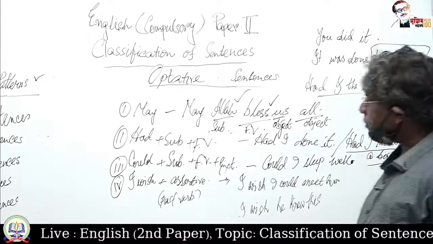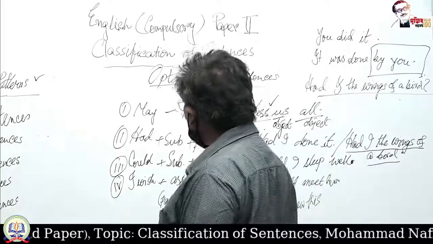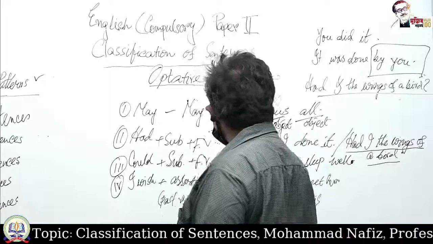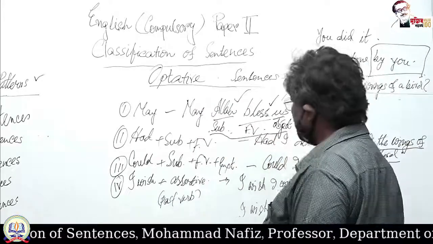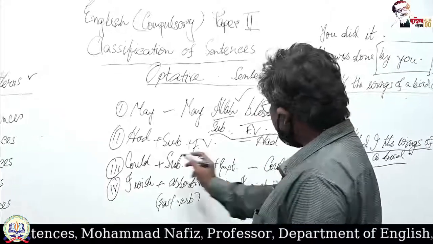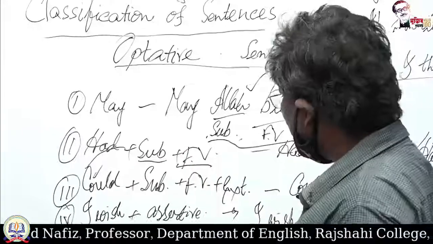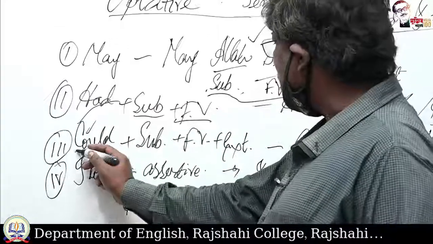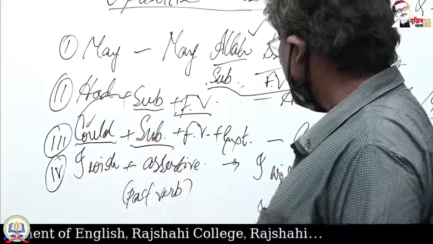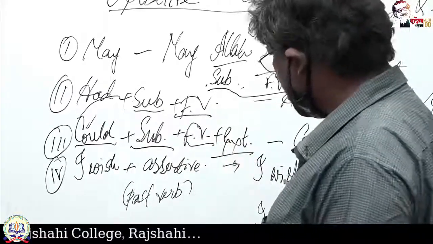So, optative sentences can have four different structures. Firstly, subject, finite verb, and object. Then 'had', subject, and finite verb. We may also get optative sentences beginning with 'could' followed by the subject and finite verb with extensions.